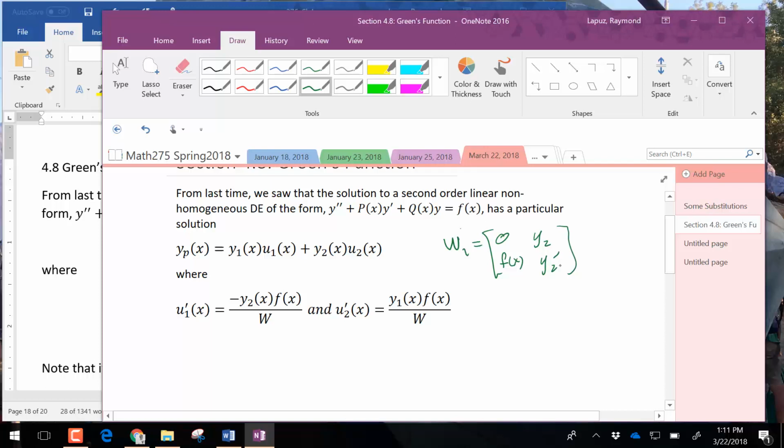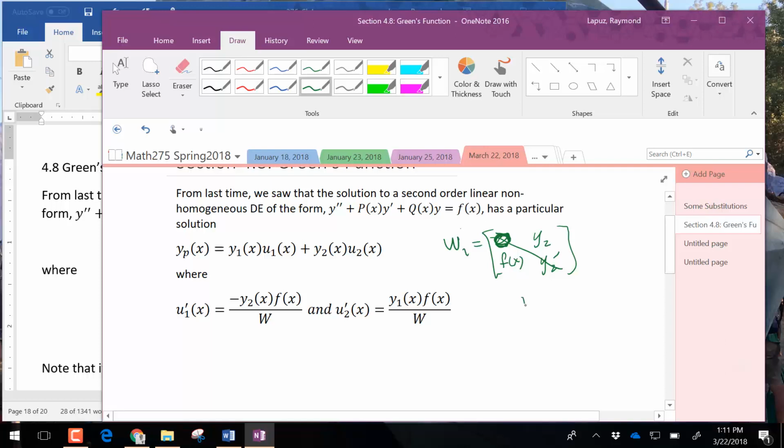In any case, because there's a 0 in these modified Wronskians, remember you're going to replace one of the columns with 0 and then the function. With the determinant of this, you're always going to get rid of one of those derivative functions, right? And so what you would have left is y2 times f of x. In this case, it would be the negative of that.